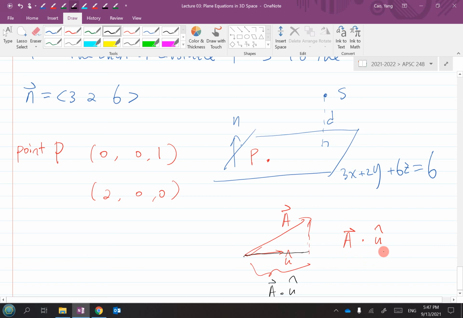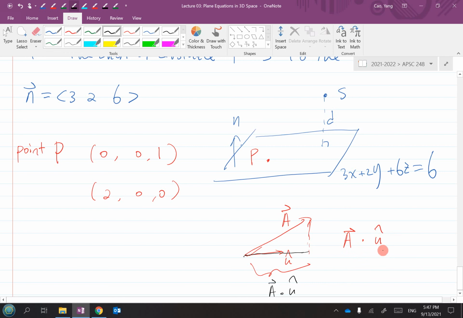That's basically the critical question. How can I make use of this available property to help me with this question? If I want to use this, I need a direction, a U hat.